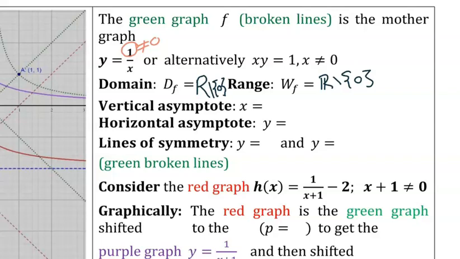So the x's cannot be 0 and the y's can also not be 0. That results in vertical asymptote x equal to 0, which is the y-axis, and y equal to 0, which is the x-axis. The lines of symmetry are just y equal to plus x and minus x, and it doesn't matter in which order you give it, as long as you remember that we have two axes of symmetry.